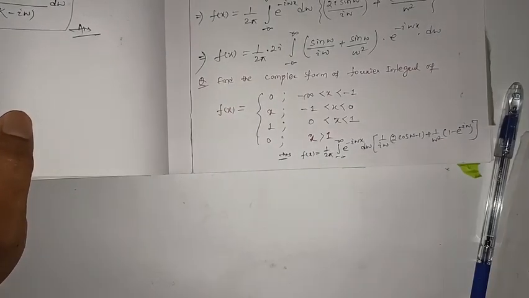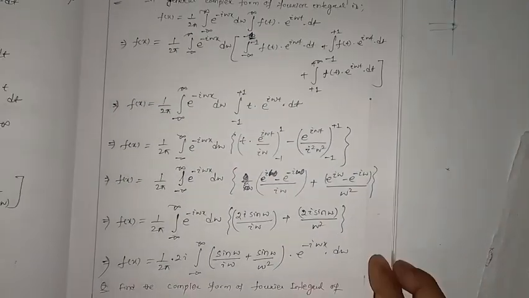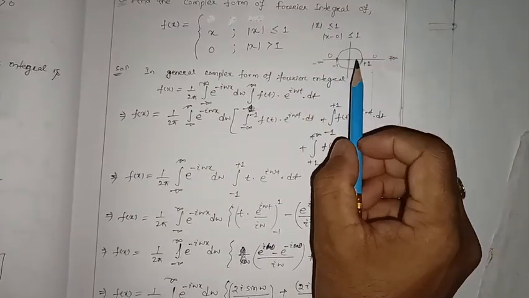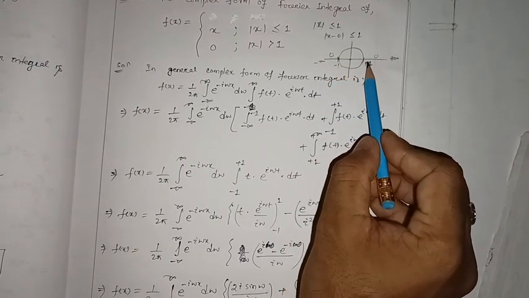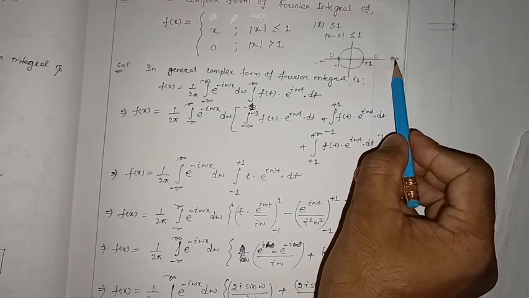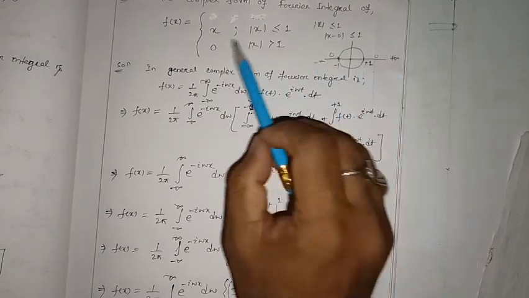Okay, so what is the difference between this question and the previous question? In the previous question, the limit was given that minus infinity to minus 1 and 1 to plus infinity is 0, and in between it is x.